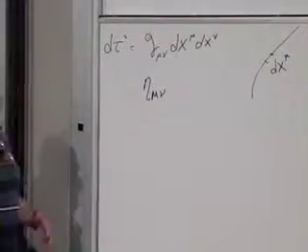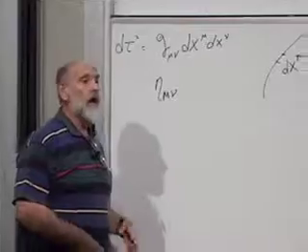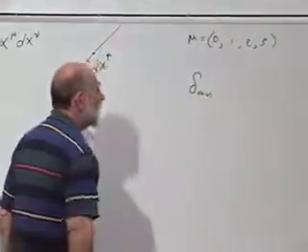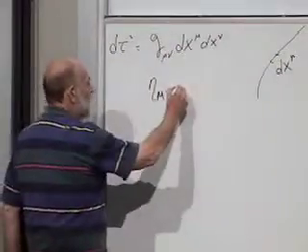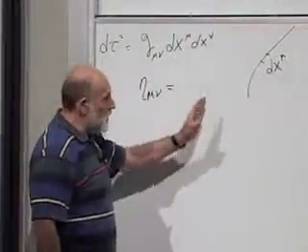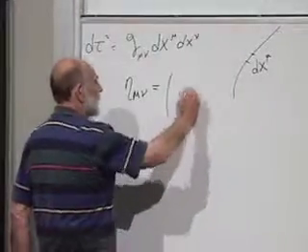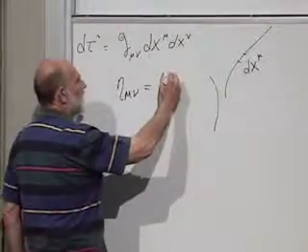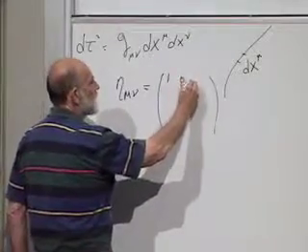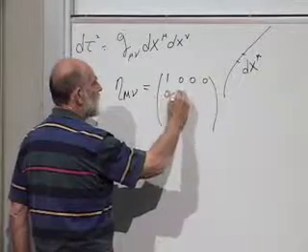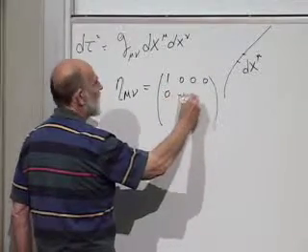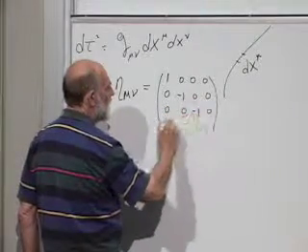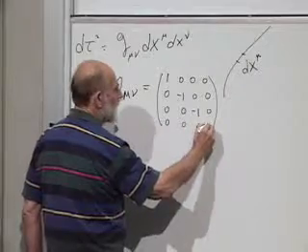Eta mu nu is the analog for space-time of the Kronecker delta symbol, delta mn, for ordinary space. And it's given not by 1, 1, 1, 1. It's a 4 by 4 matrix, given by 1, 0, 0, 0, 0, minus 1, 0, 0, 0, 0, minus 1, 0, 0, 0, 0, minus 1.